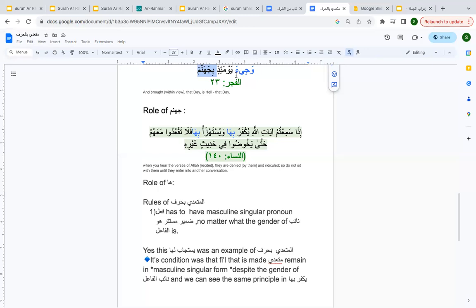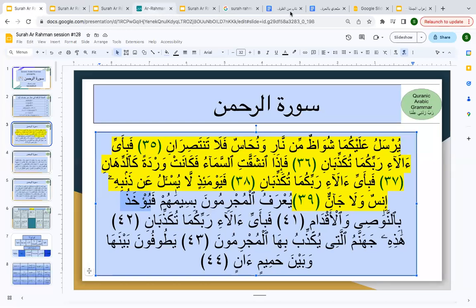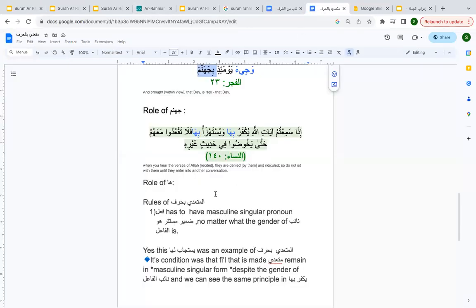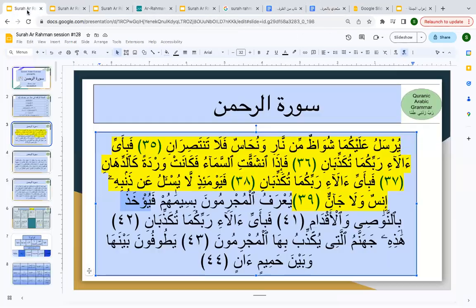I made it have an object attached to it. Otherwise, if there was no b, it was not possible for the fail to have an object. By adding b, I'm able to add an object to the fail. And this is the whole concept of mutaaddi bi harf. Yes, it is written on the slide, mutaaddi bil harf. Okay, so that's the name of the concept.